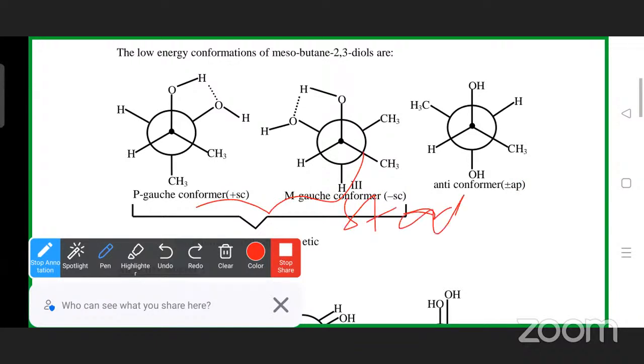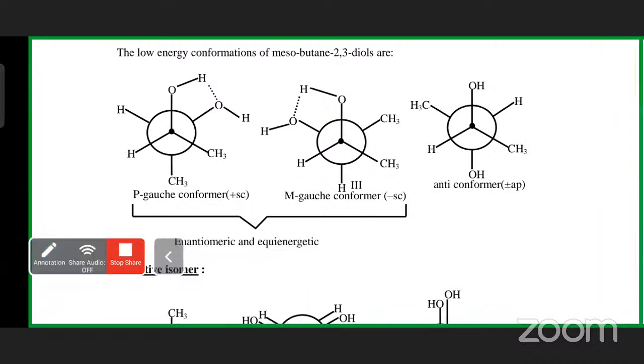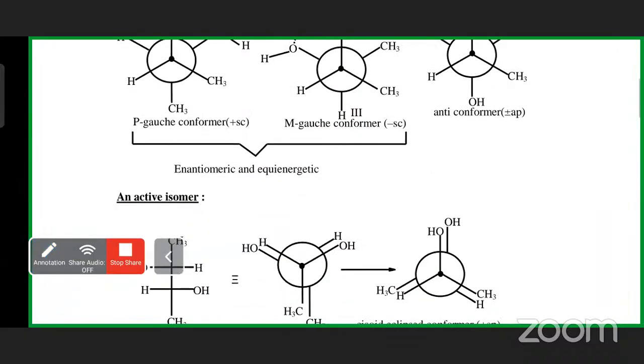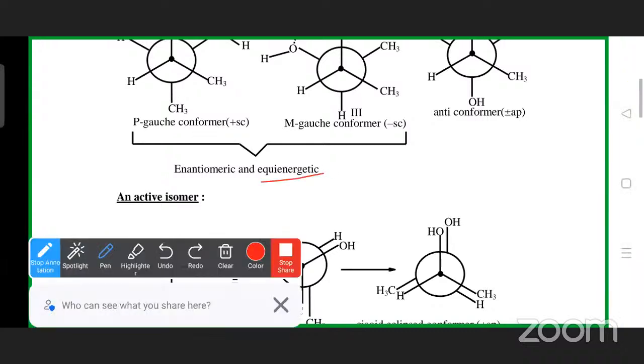Both are equally populated. The population means the existence is equal. That's why both are stable conformers.